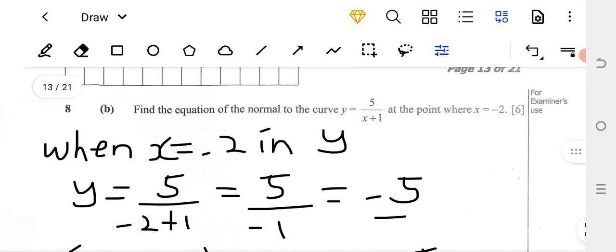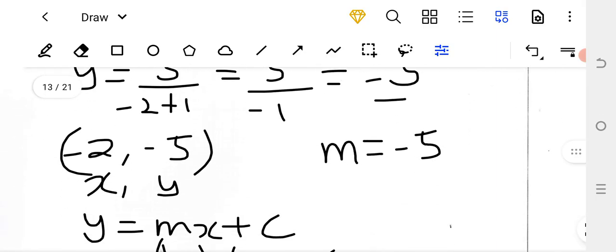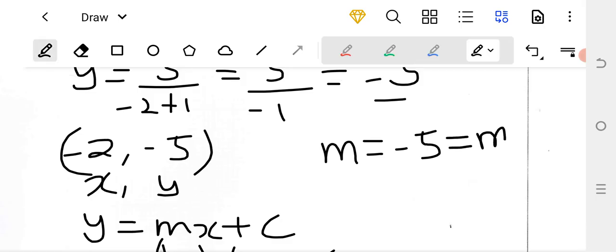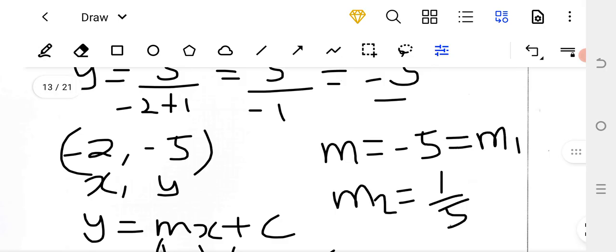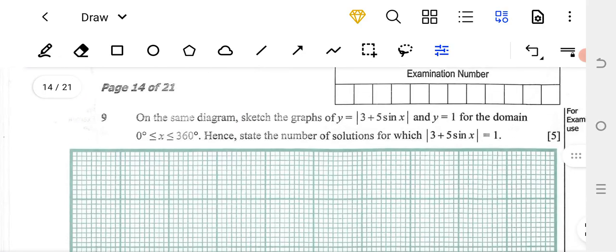When I differentiated it, right? And then this was my m1. Then m2 is equal to positive 1 over 5. Take note. So we're done with this, just revising the question. Let's go to this one.